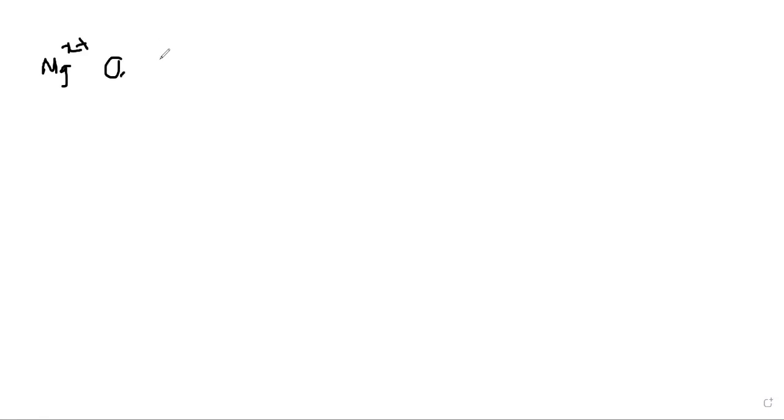That means before you even start the cycle, you should know that magnesium must lose 2 electrons and oxygen must gain 2 in forming magnesium oxide. So let's start the process again.